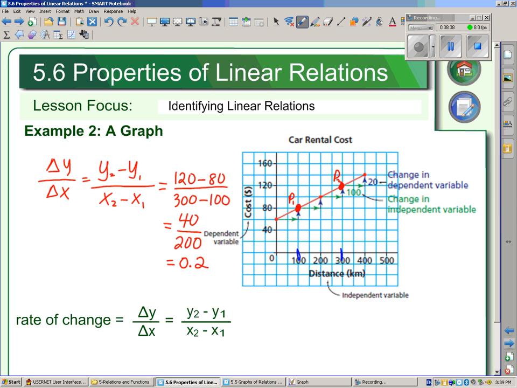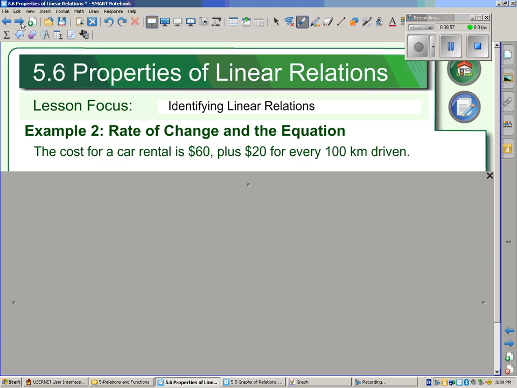So my rate of change is the same. Now, does it make sense that the graph, the table of values, the ordered pairs, that they all have the same rate of change? Yes, because it's the same question. Right, so these were just different ways to show that question. And that's looking at our rate of change. So the cost of the car rental is $60 plus $20 for every 100 kilometers driven.